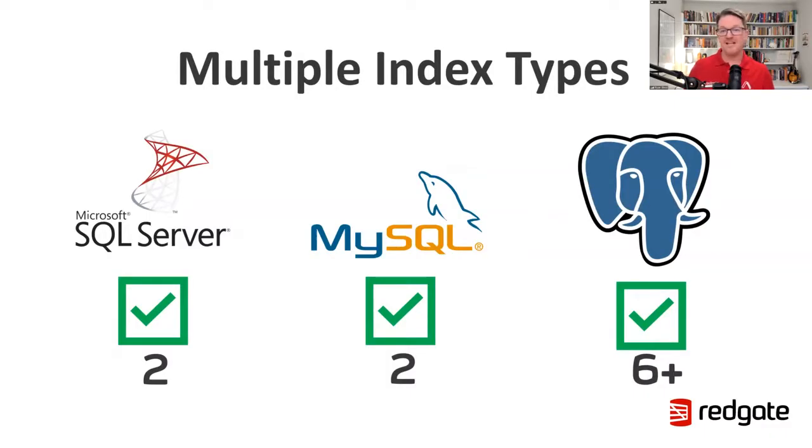You can install an extension for a trigram index, which is really interesting for searching textual fields, like in a search box. So there's a lot of opportunities in the way that data can be indexed within Postgres. It's really not possible in other databases, either in the core system or through extensions.